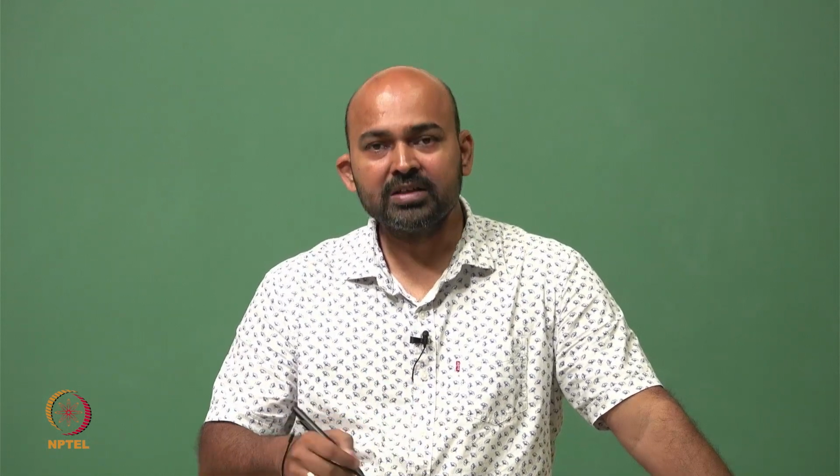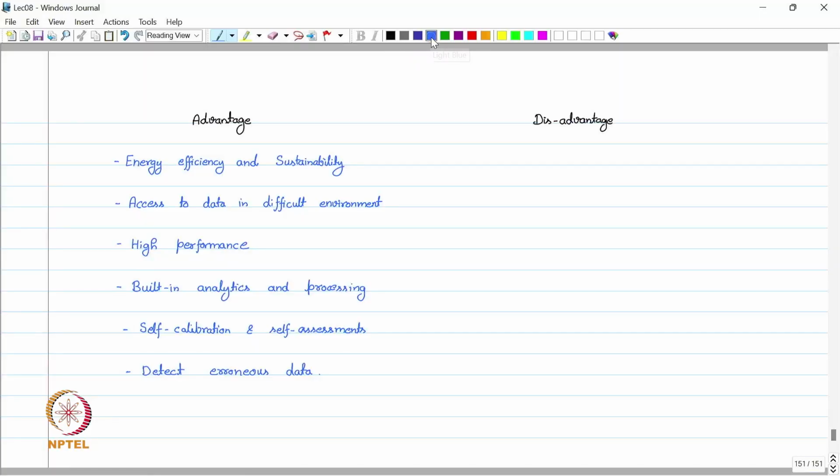So let's see some of the disadvantages now of these smart sensors. These sensor nodes are susceptible to tampering and hacking.